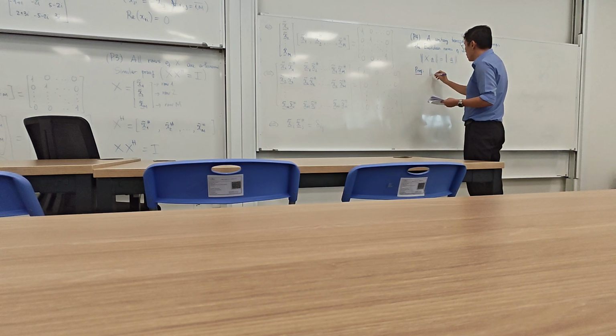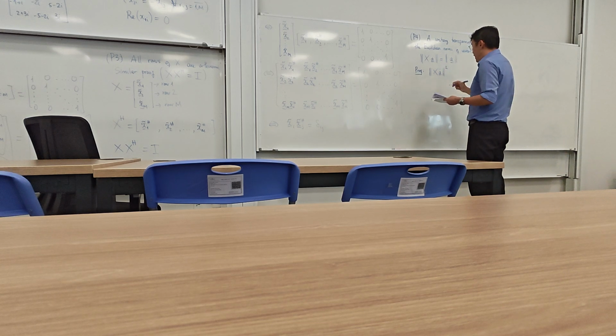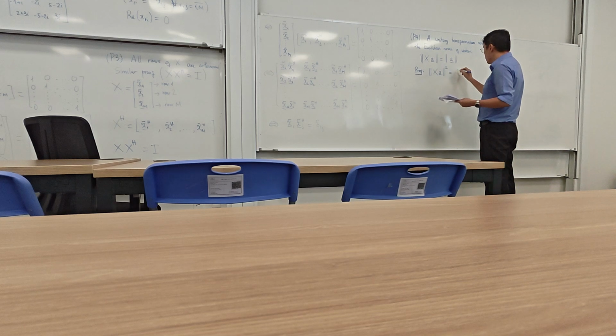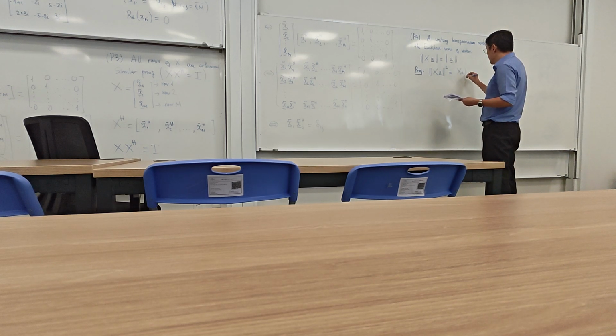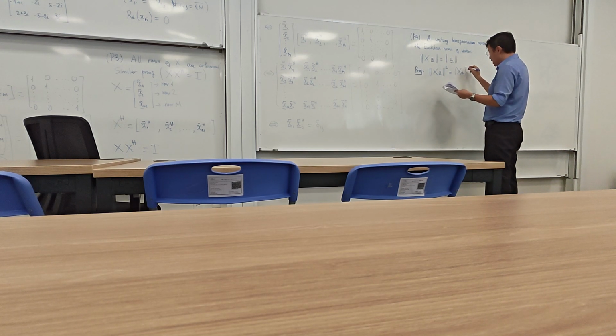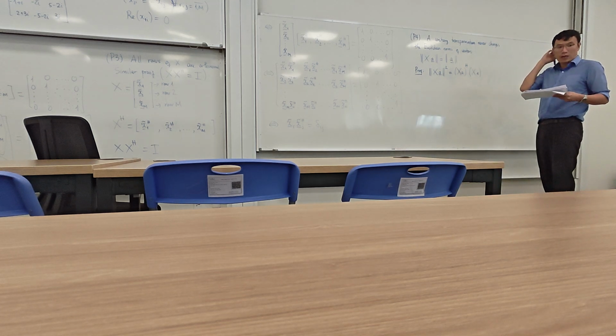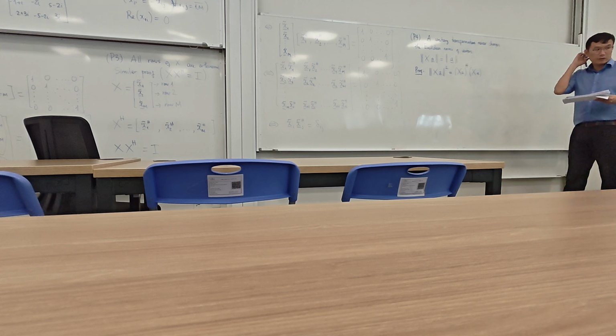Now, if we take the norm of X multiplied with a vector A, and the norm square, then we know that the norm square equals the Hermitian of XA multiplied with XA. Right? We know that the norm square equals the inner product. The norm of a vector squared equals the inner product of that vector multiplied with the vector itself.